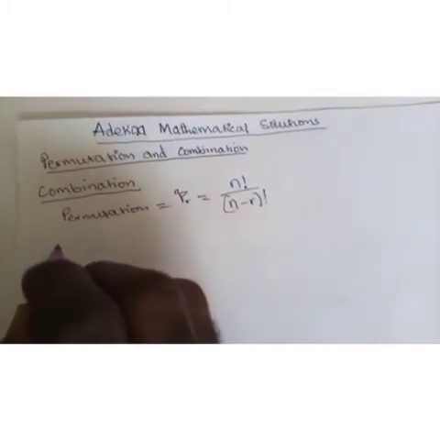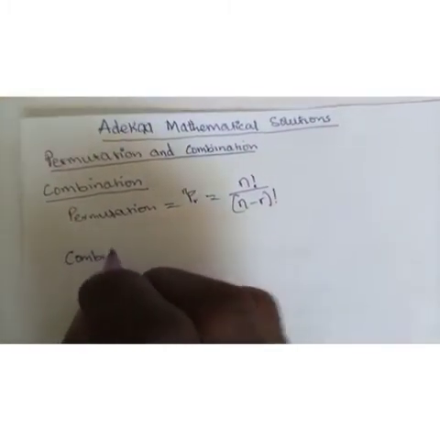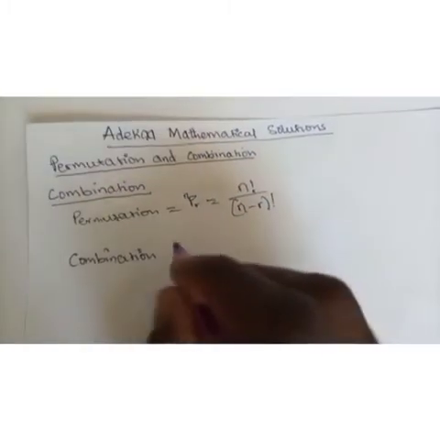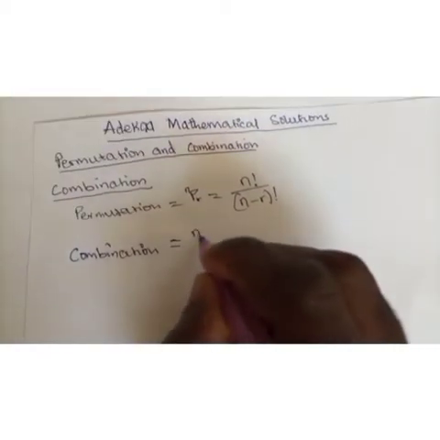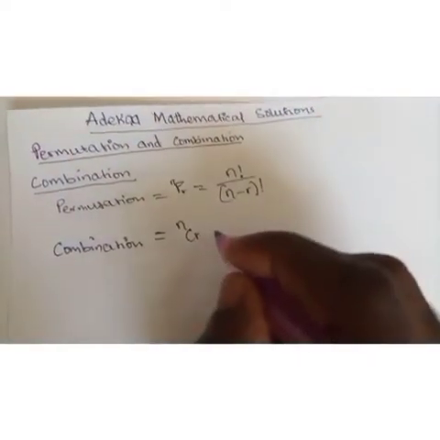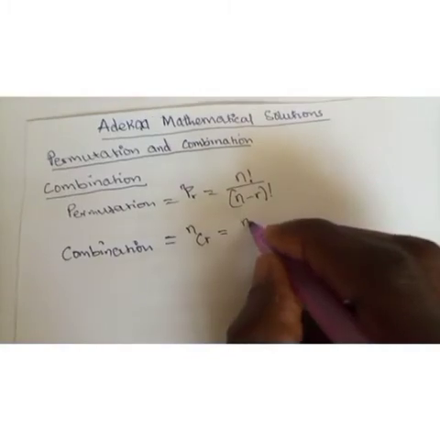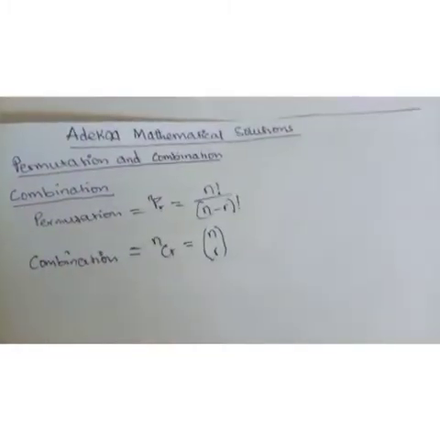So combination is equal to n combination r, and this n combination r can be written like n r, still n combination r.